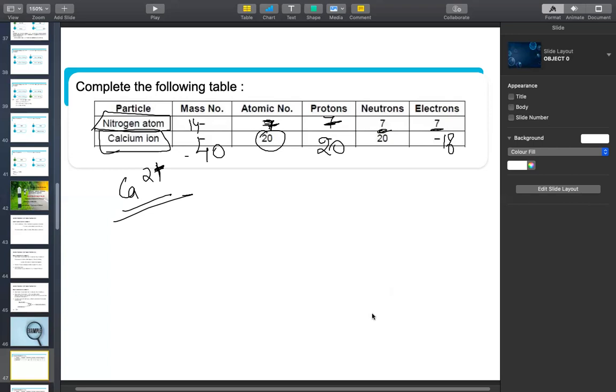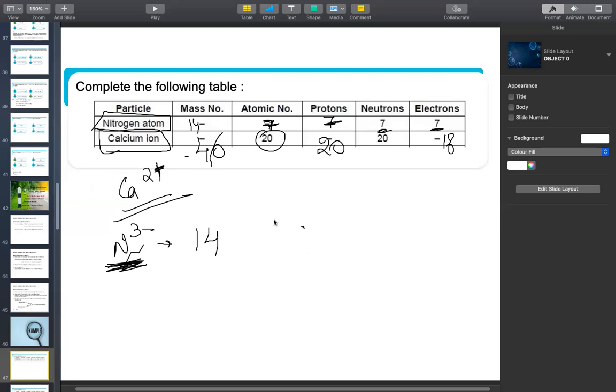Okay. If they had given nitride ion, then N3 minus. Tell me, for N3 minus what will be the answer? Nitride ion, mass number? 14. Atomic number? Nitride ion: I have just added 3 electrons to the nitrogen atom.